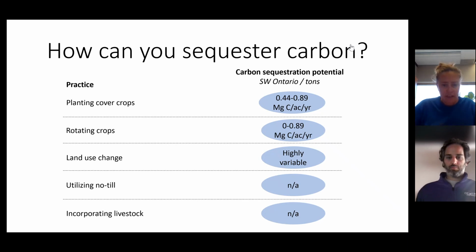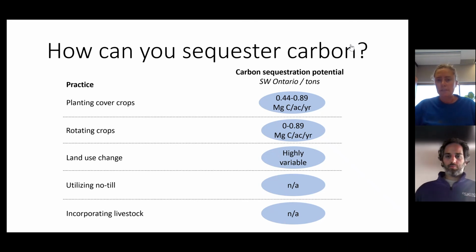And then utilizing no-till, we have an NA there. And the reason is because in Southwestern Ontario, there's really mixed messaging in the research that's been done. There are some studies that have shown no-till does sequester more carbon than conventional till or reduced tillage. And then there are also studies that exist that show the exact opposite.